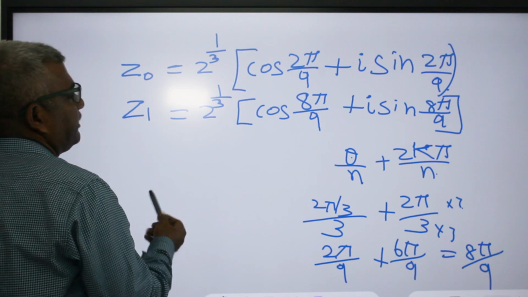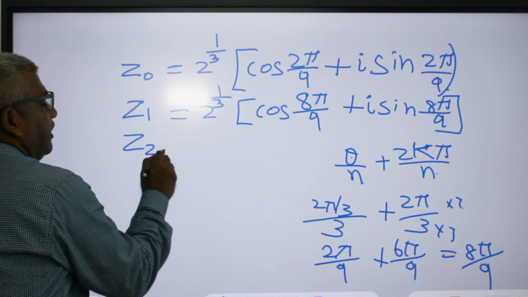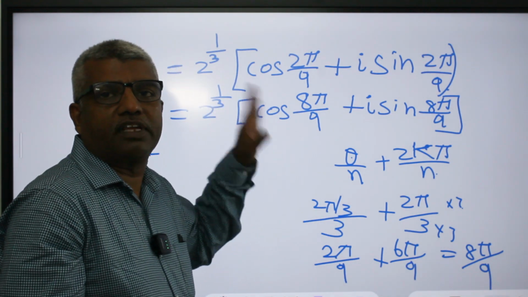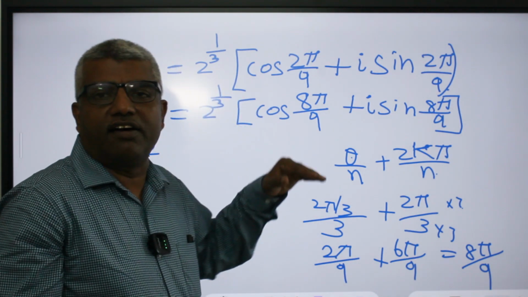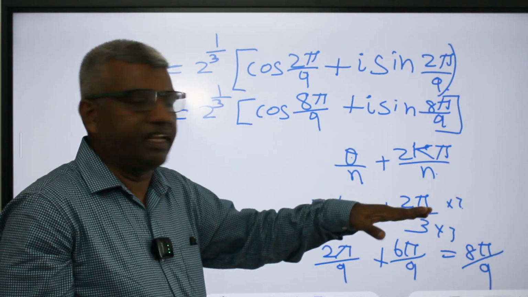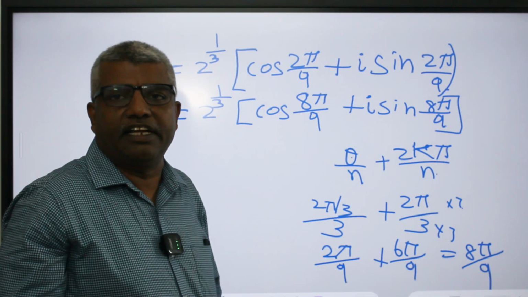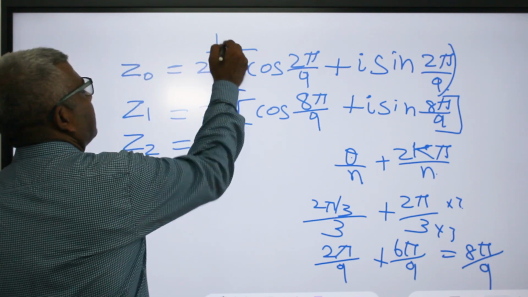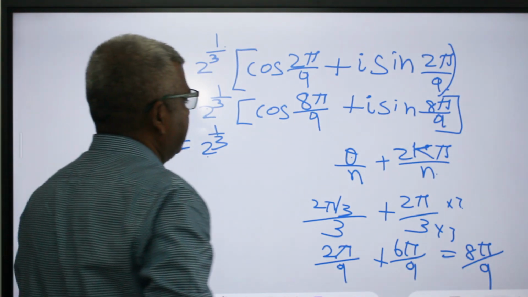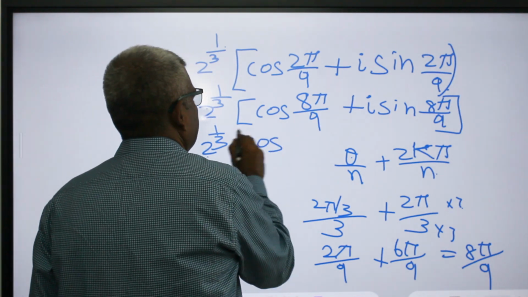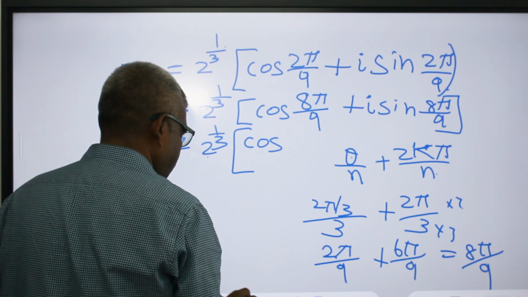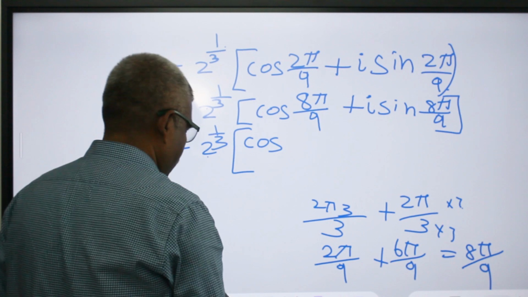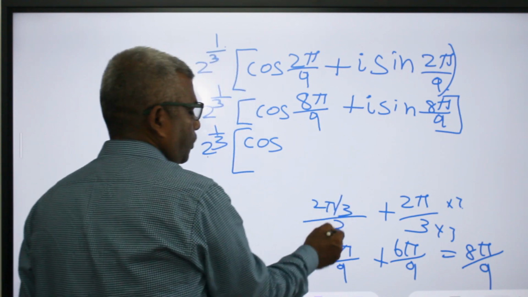Now z2. What is the formula? z k is r power 1 over n. Don't get confused, it is 1 over n, not 1 over k. r power 1 over n, cos of theta by n plus 2k pi over n, plus i sin of theta by n plus 2k pi over n. For z2, 2 power 1 over 3. This r is the same value everywhere. Here theta by n is 2 pi over 9.